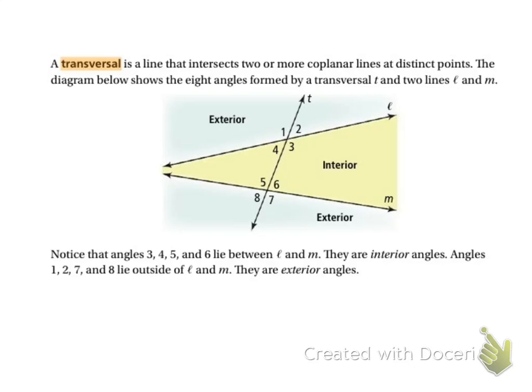Okay, these 4 guys that I'll circle in green are interior angles. They're inside of our 2 lines, right? Here's our 2 lines. They're in the inside. And these 2 guys, and these 2 guys are exterior angles. They're outside of the lines. We're going to use that in our definitions coming up.